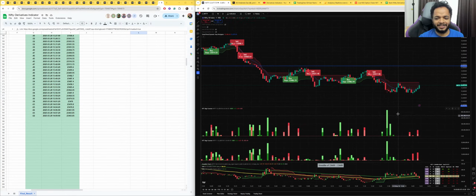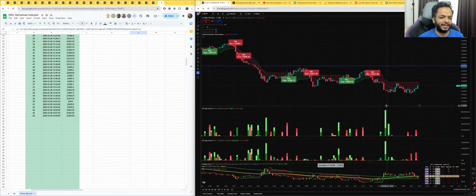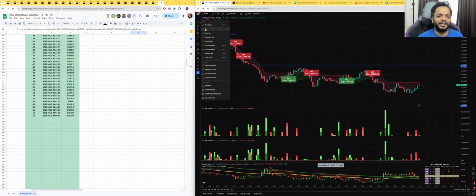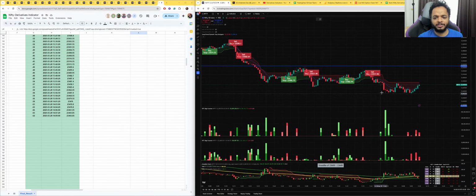Now you can see almost 100 CR of put writing here, and it is making sense. You can also sometimes draw levels here. Let's say I draw a horizontal line right where some put writing happened, and you see the market is taking support.